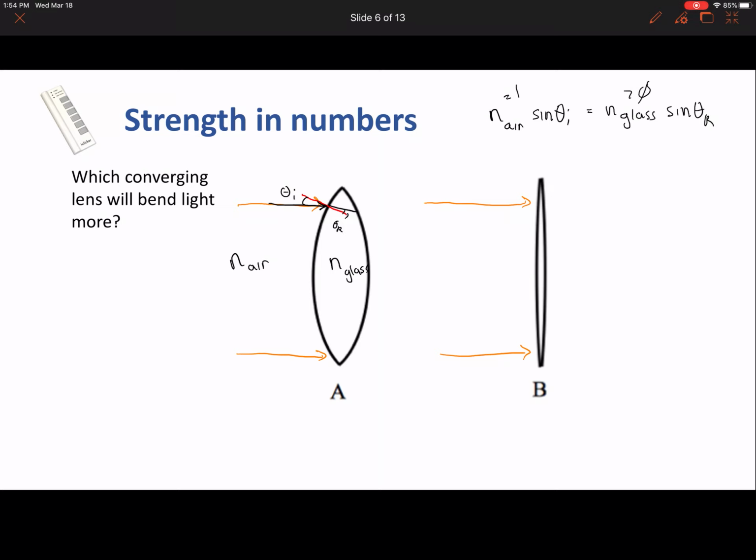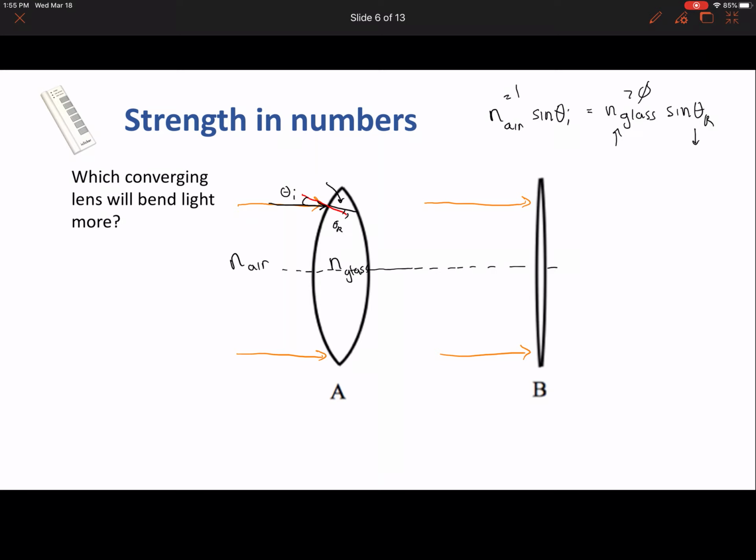Any material we make a lens out of will have an index of refraction larger than 1, which means that if n is larger, then the angle of refraction will have to be smaller than the angle of incidence in order to balance everything out in the equation. So what that means is this beam is going to bend inward toward the normal. And the normal is in such a way that that means bending toward the principal axis.